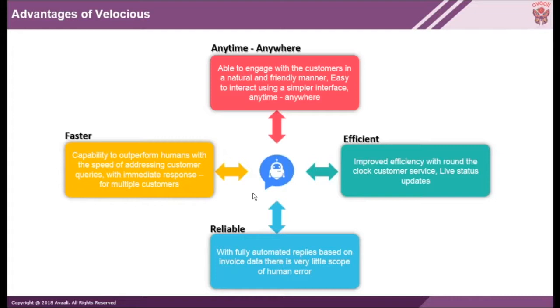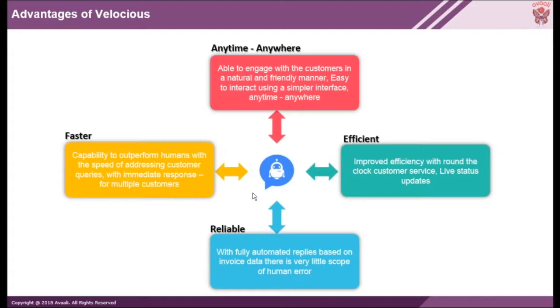It's very efficient to use this, as we don't have to be there, and the customer's AP processing team can focus on many other activities, and vendors can get the live status updates. It's very reliable because everything is automated, and what you see is what you get.